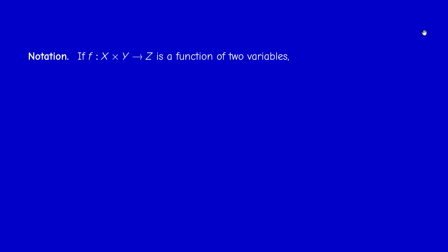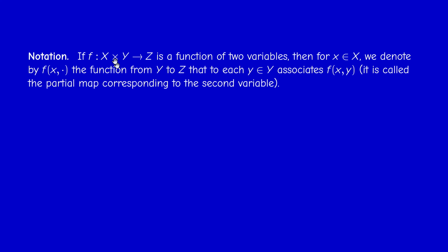And now the second main result of this video is the identification between two spaces of functions. So just one notation. If you have in general a function of two variables between sets, then if we fix x in the first space and then the second variable, we get what we call a partial map with respect to the second variable.